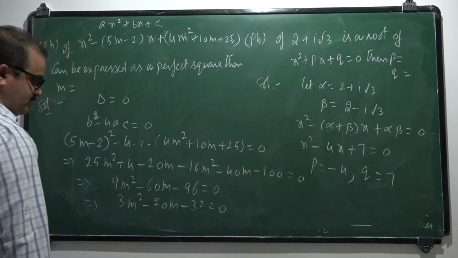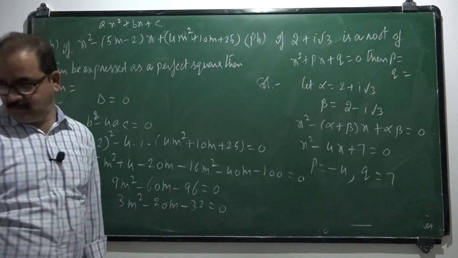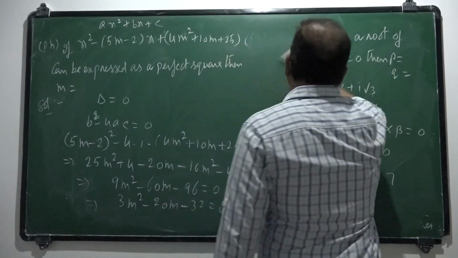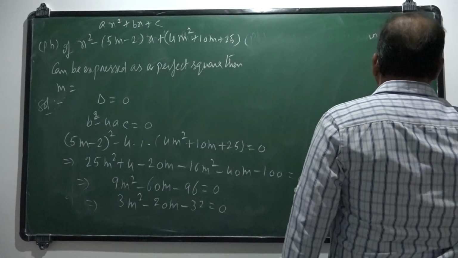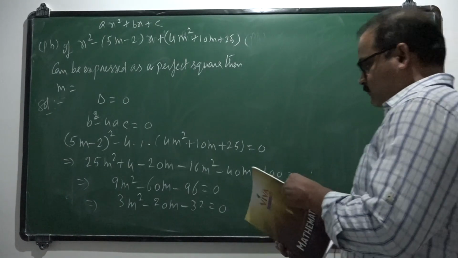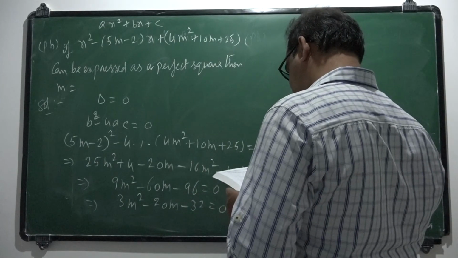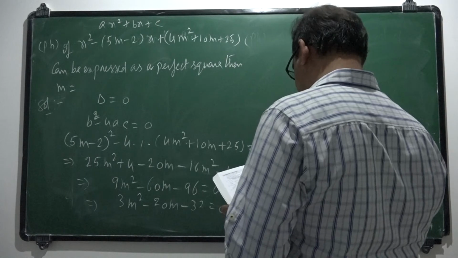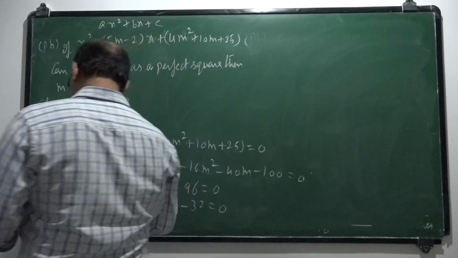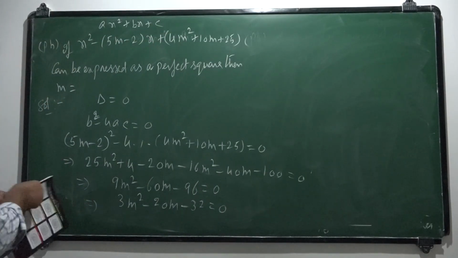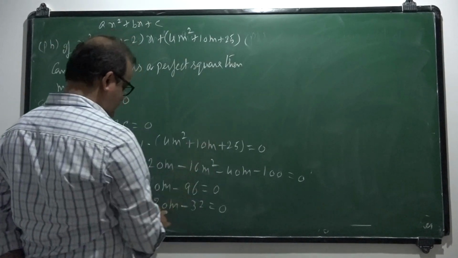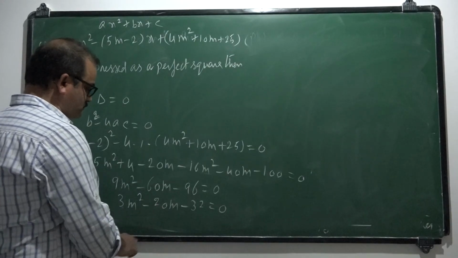3 into 32 is 96. Solve this and find m value. 32 into 3 is 96, 12 into 8, 12 plus 8 is 20.